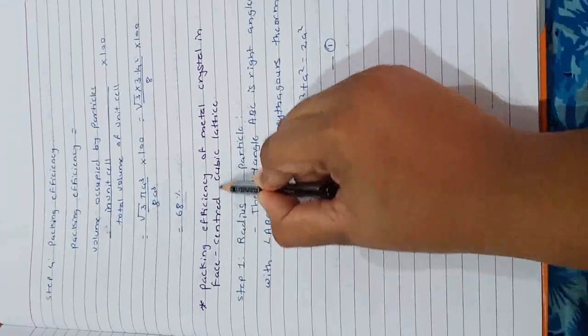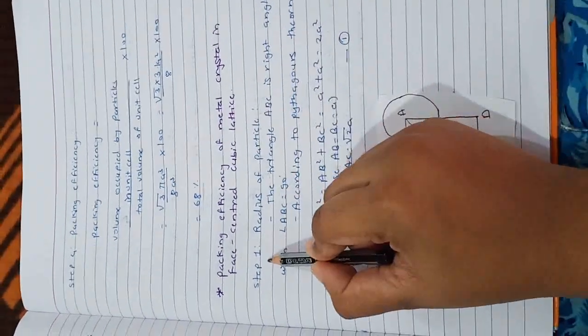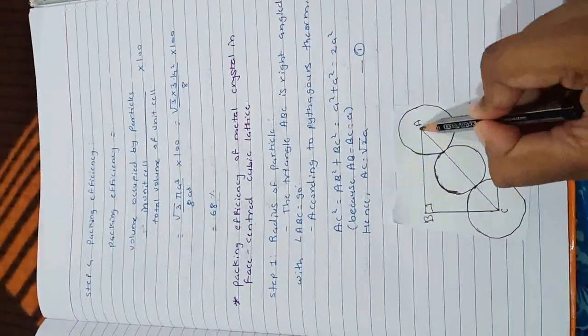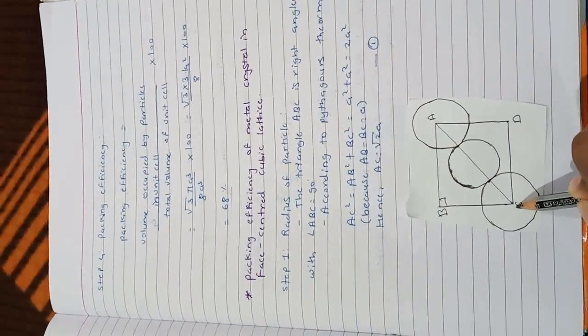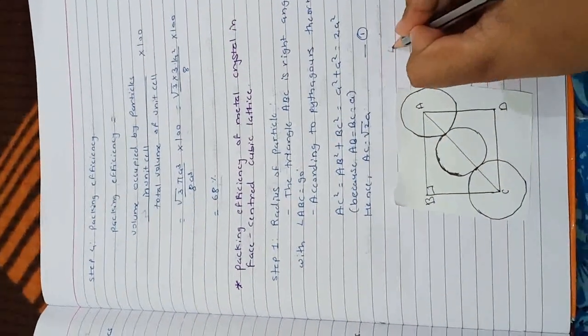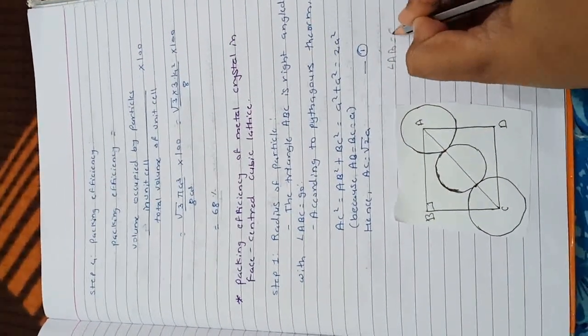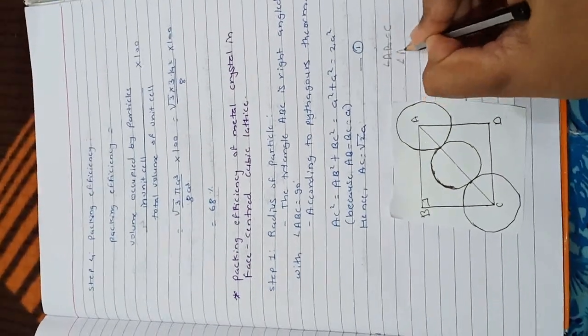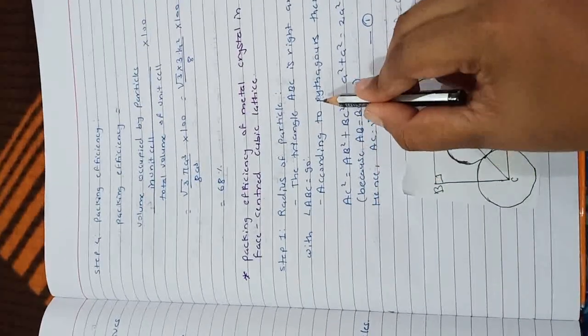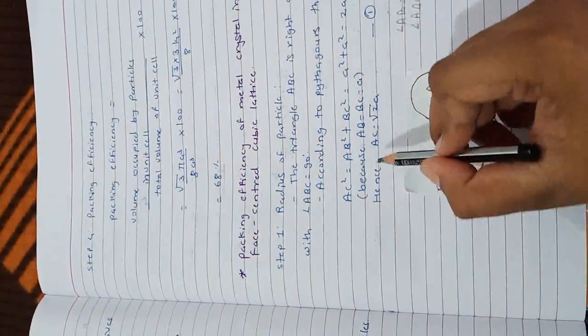Last point, packing efficiency of metal crystal in face centered cubic lattice. Step 1, radius of particle. The triangle ABC is right angled with angle ABC equal to 90 degrees.